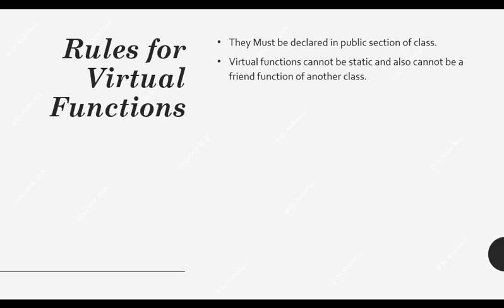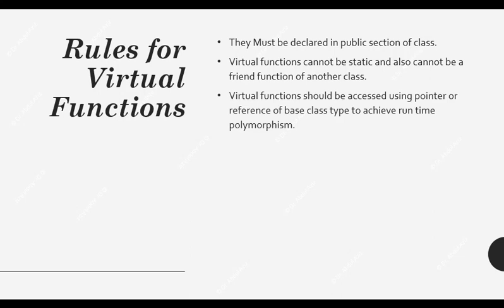You cannot make them static, because you all know that static member functions are kept with the class itself. Only one copy of the function will be created. So whenever we inherit, these will not be forwarded to the child class. So it cannot be static, it cannot be friend.